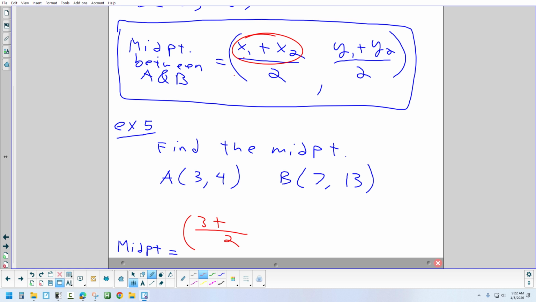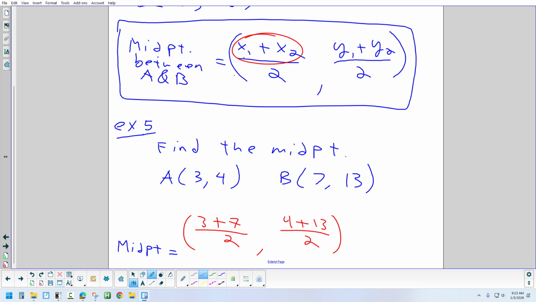And what's x2? 7. So we add them together and we divide by 2, because that's how you average 2 numbers. What's y1? 4. And what's y2? 13. So the worst thing that usually happens, if they start you with nice coordinates like that, is you end up with a 0.5 when you find the midpoint.